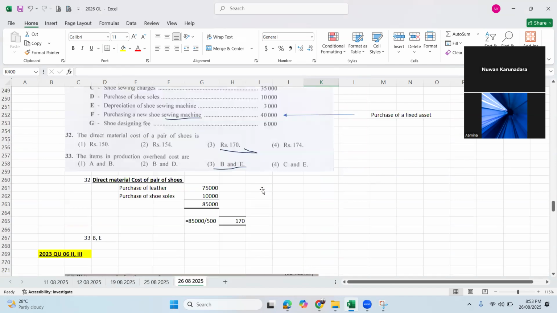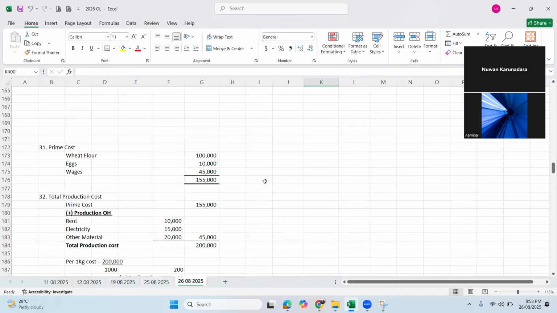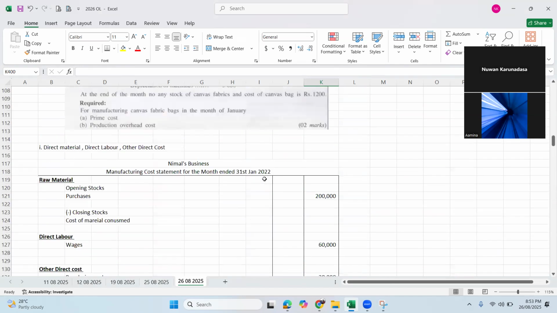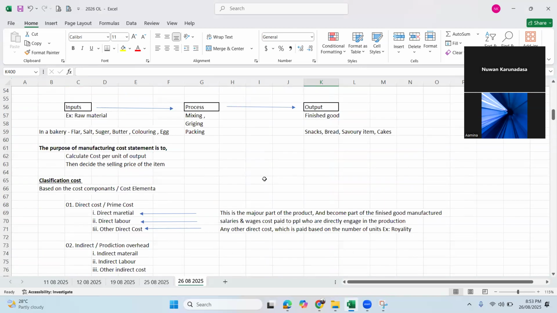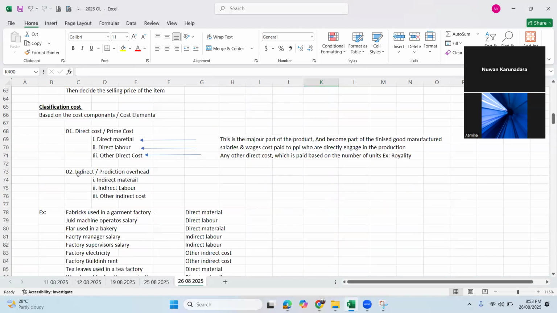So remember, this classification is very important based on the cost elements or cost component. Here we learn there are two: prime cost, then the other one is indirect cost. The direct or prime has three: direct material, direct labor and other direct cost. Indirect has again three: indirect material, indirect labor and other indirect cost, right?